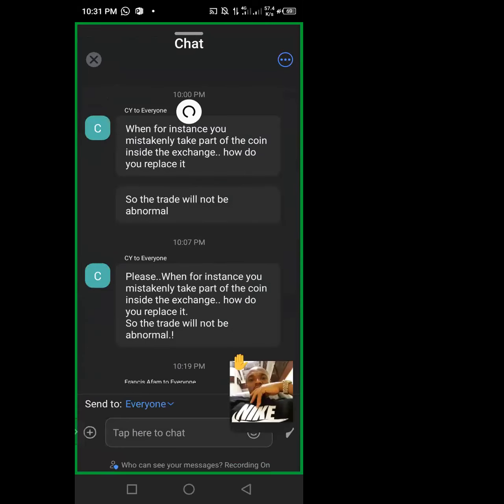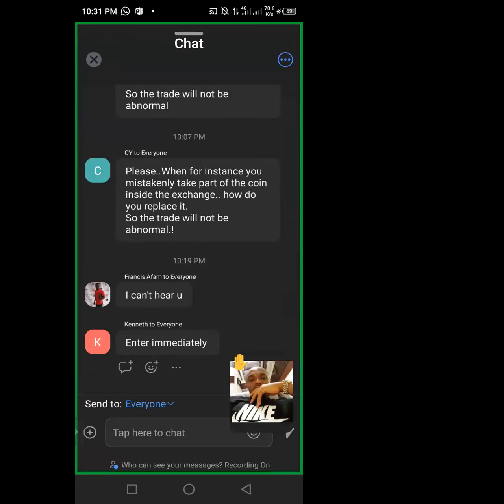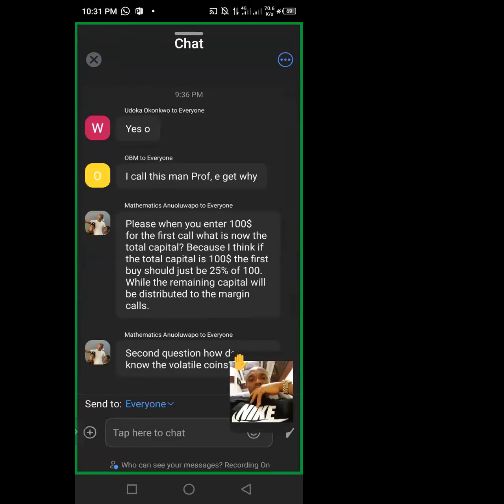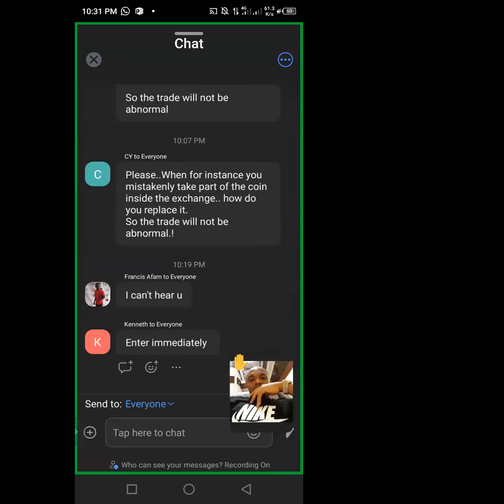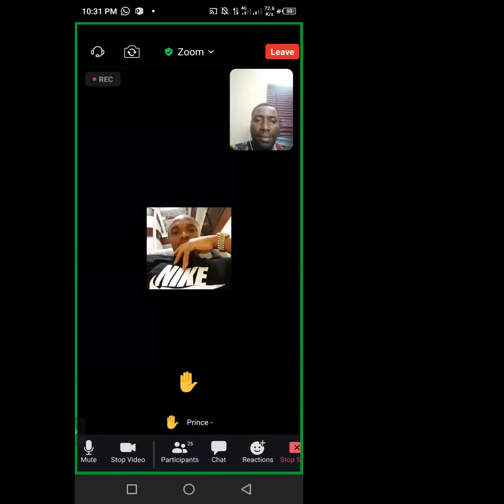Yes, I have a question, please. Okay, you can ask the question. How does the manual replenishment affect the multiple buying ratio? For instance, you're on a trade and your first buy-in amount was for instance 300.